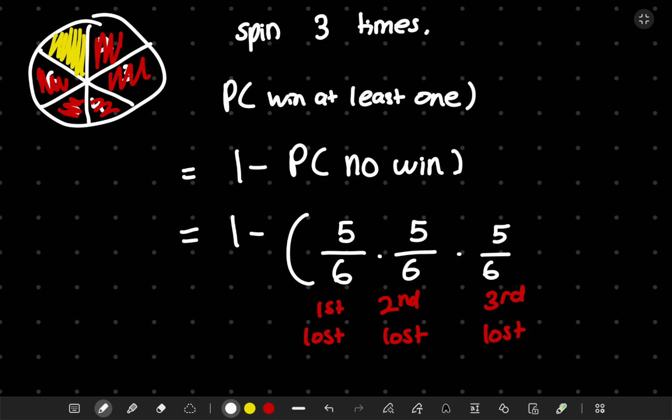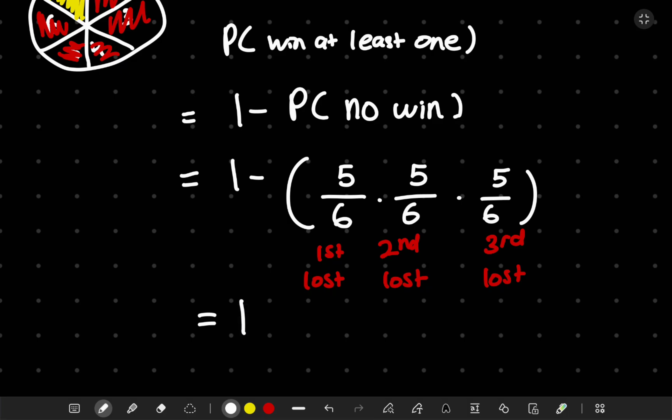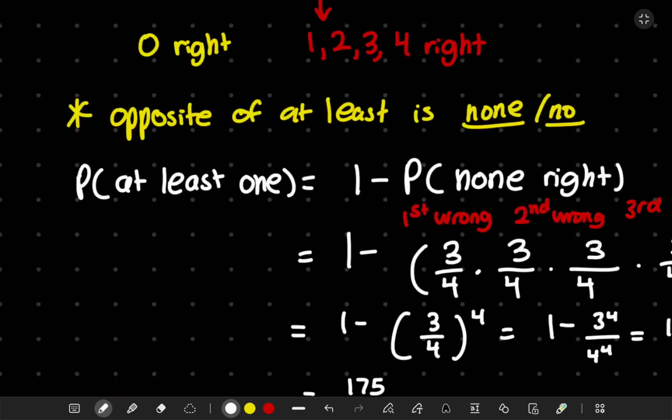So I also multiply by 5 over 6. So I'm going to do 5 times 5 times 5, which gives me 125, and 6 times 6 times 6 gives me 216. I subtract these, giving me, I believe, 91 over 216. And so that's the whole idea of not.